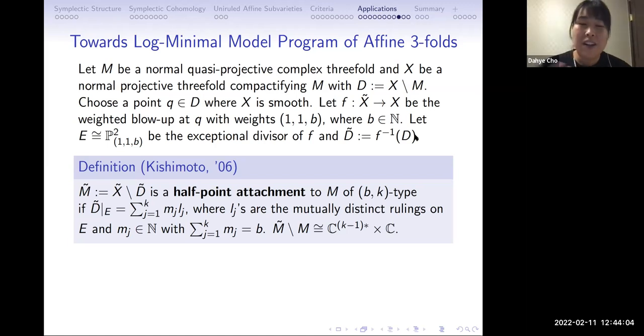But in our case, we simplify many things. We assume a singularity happens at infinity, so we delete that. When we do some half point attachment, the singular part will be deleted.